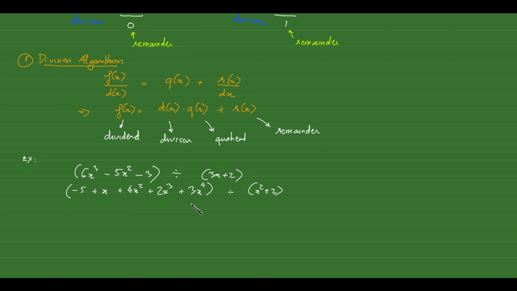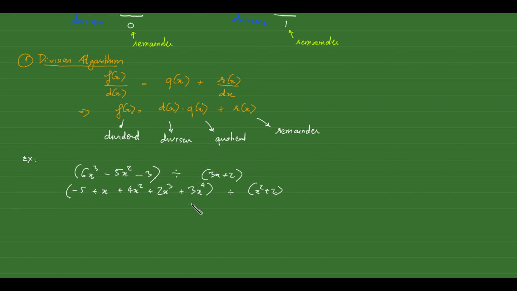How do I know that? That concept is based on a very important theorem, the remainder theorem and the factor theorem. We're going to talk about that also. So that is the first way to do division, using the division algorithm concept.